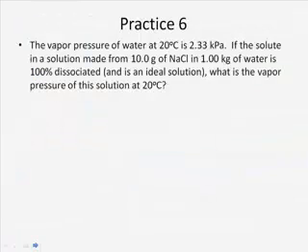Okay, so let's look at some problems here. Here I have the vapor pressure of water at 20 degrees Celsius is 2.33 kilopascals. If the solute is made from 10 grams of sodium chloride in 1 kilogram of water, and we assume it dissociates completely, we want to know the vapor pressure of the solution at 20 degrees Celsius.